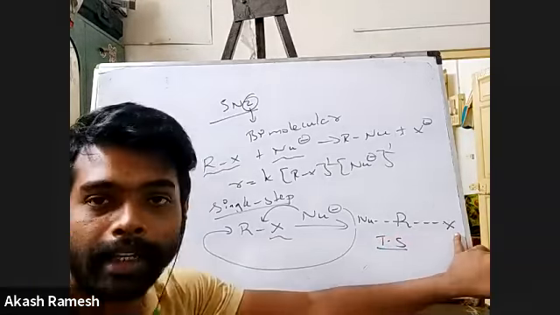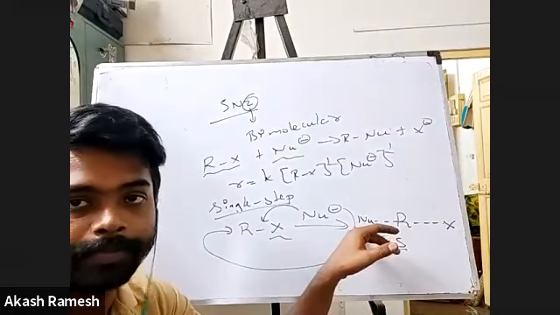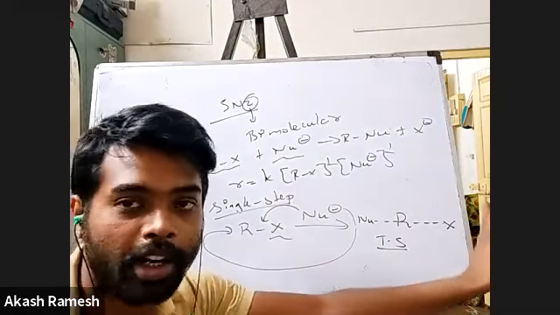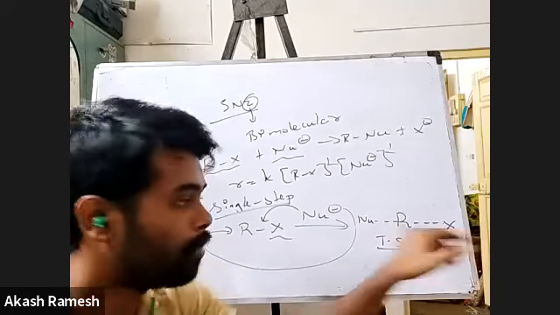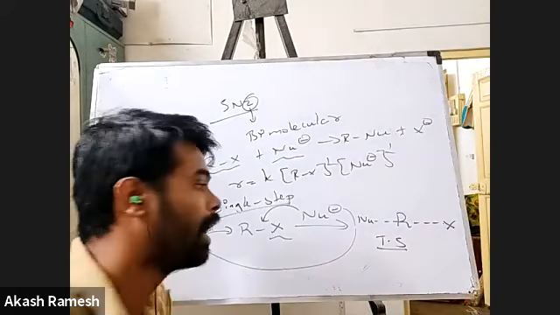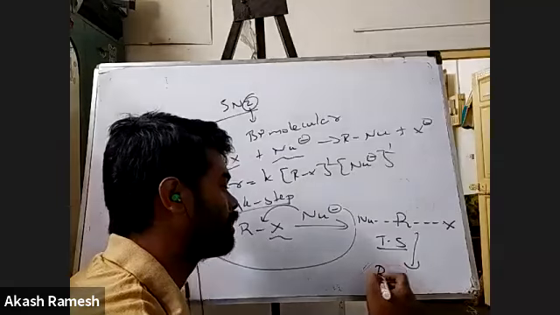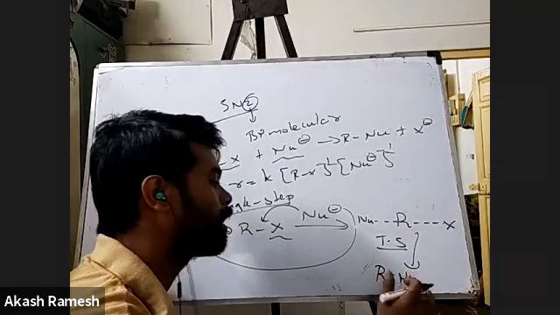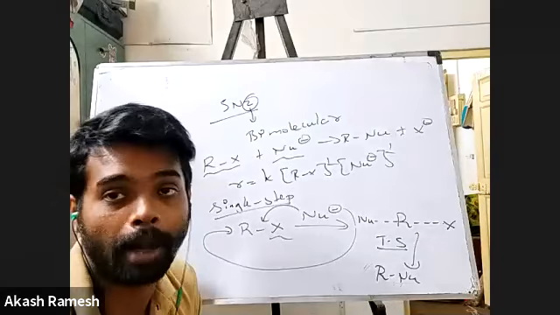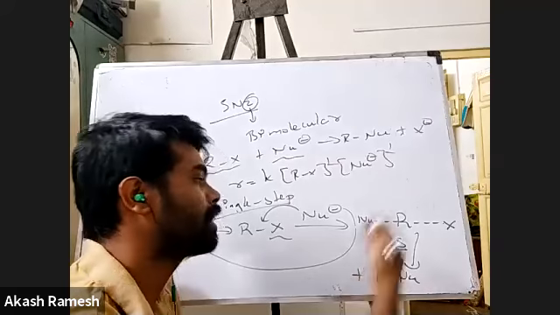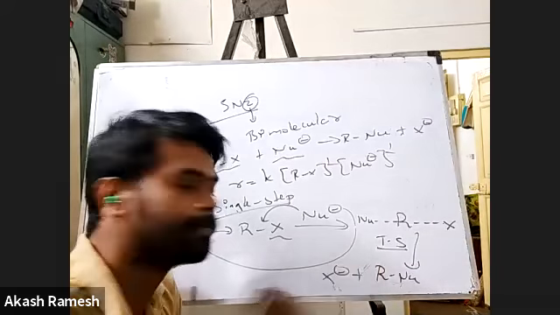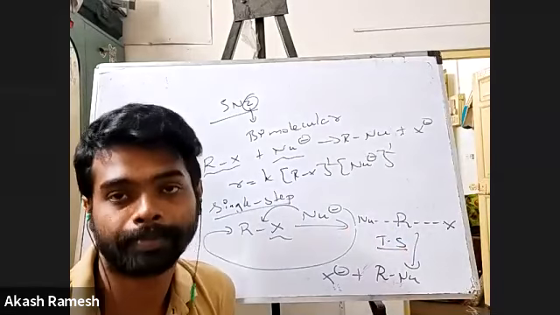As this bond cleaves, this bond gets formed. This process continues: this bond will cleave more and more, and this bond will form more and more. At the end, the C-nucleophile bond is completely formed, and the C-X bond is completely broken.